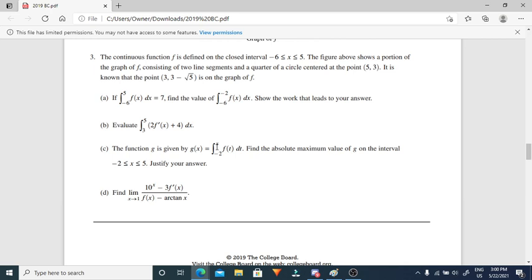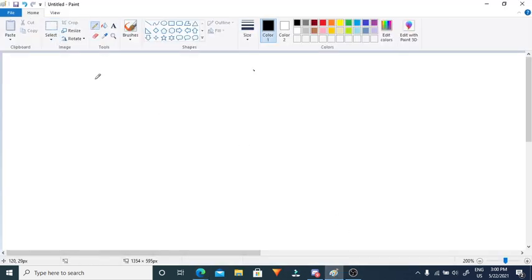So B, evaluate the integral from 3 to 5 of 2f prime of x plus 4 dx. If we do the indefinite integral of that equation, I'll write out the integral from 3 to 5 of 2 f prime of x plus 4.